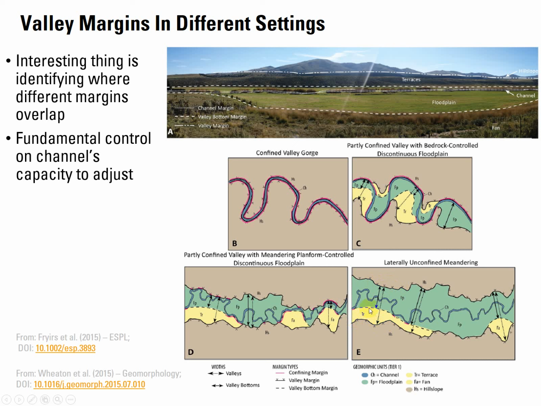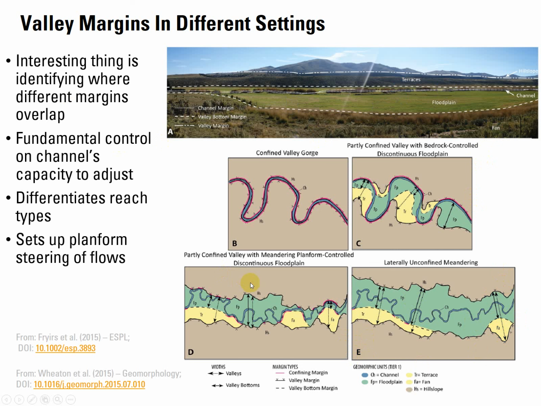What's in between it and the valley bottom margin? This terrace, this higher surface. This was once upon a time in a bygone flow regime inundated by the main stem, but the system is cut down and left that terrace high and dry. Versus a fan that's coming in from some sort of tributary.